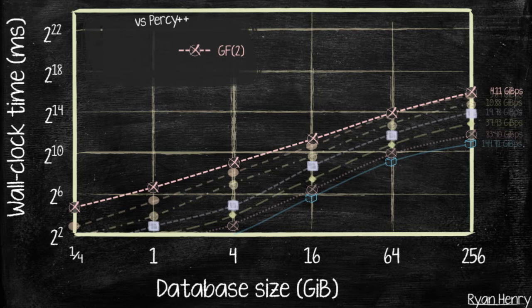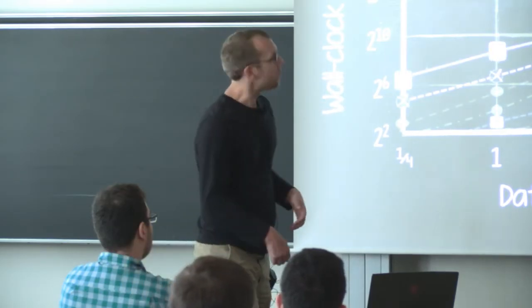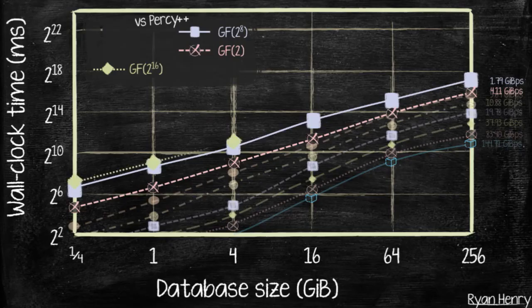Percy's version deals with multiple servers and has a bunch of extra stuff going on, which is why there's such a discrepancy over here. And as the database gets big, the lines basically converge. Ours is marginally faster than the implementation in Percy, but nothing too significant. And then the other modes of operation in Percy get progressively slower from there.